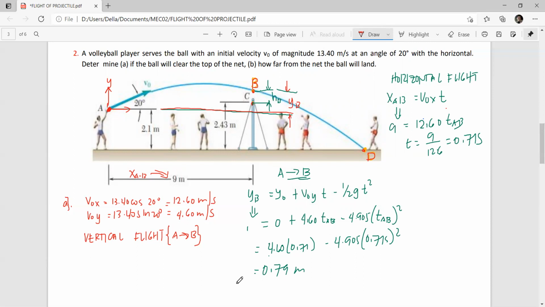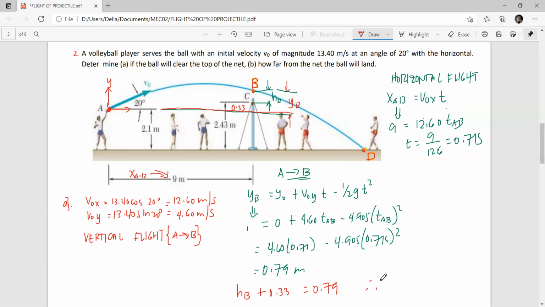And HB is plus this amount, which equals 2.43 minus 2.1 equals 0.33. This one, 0.33. So HB plus 0.33 equals 0.79.